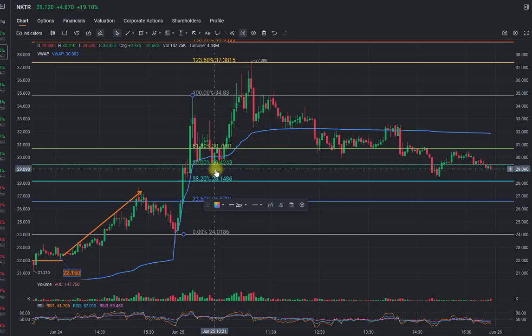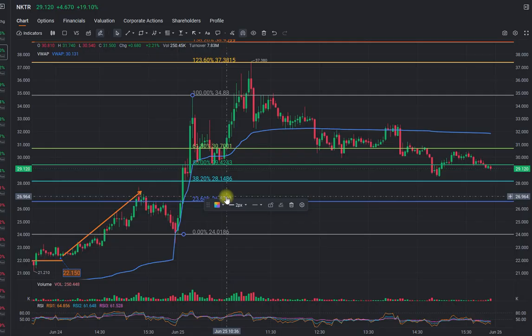Is it 29.50, 29.60, 30.70? Where is the entry? And this is not something that the Fibonacci will tell you. This is something that you need to decipher yourself. Keep in mind that you're trading a wild mover that basically can move up and down $2 to $3 in a couple of minutes.